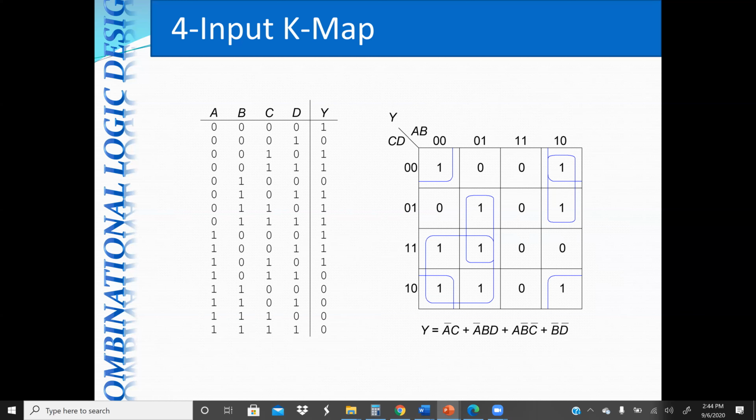If I'm using 4 by 4, here I have 4 variables. So if I circle 4 inputs together, two terms will cancel each other. We can see here, for example, here you can see 1110. So that means C is okay, 1 1. But D is 1 and 0, so D will cancel. Then you go there again. I'm doing this too.